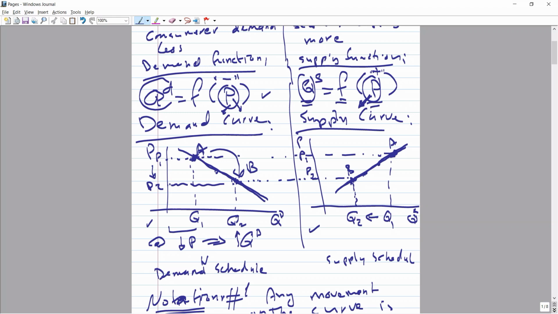That's why there is a very important assumption when we talk about demand and supply functions: this relation holds and is true by assuming that all other variables are constant, other variables that have impact on the quantities. So the only variable that has impact on the quantity is P here, which is the price of the product.